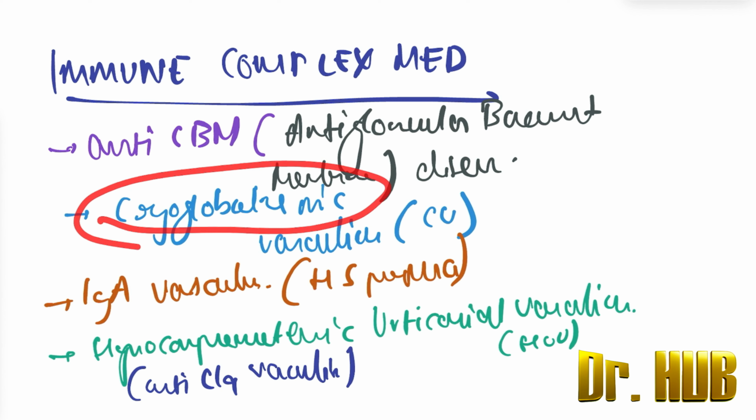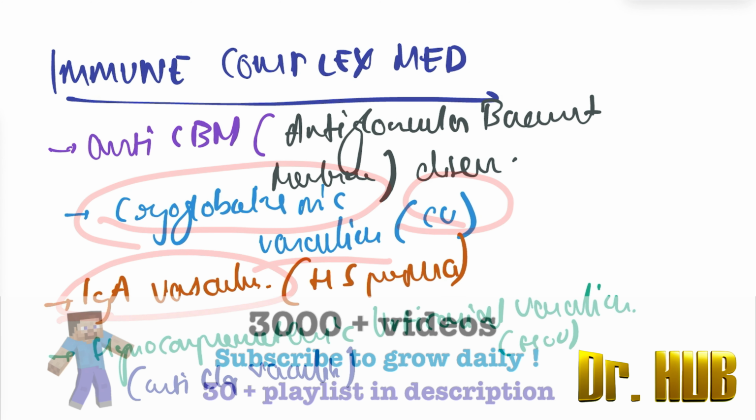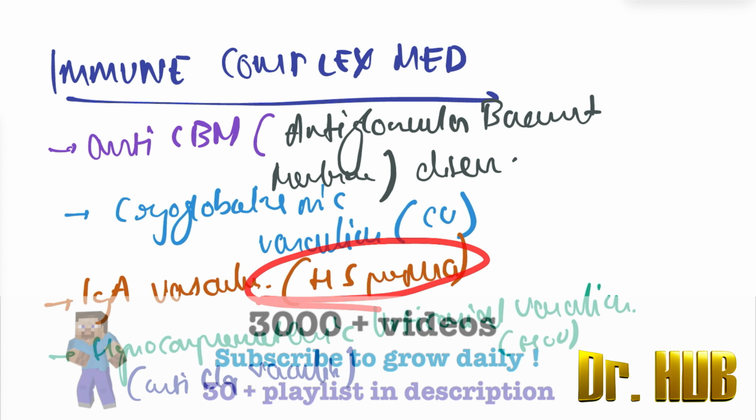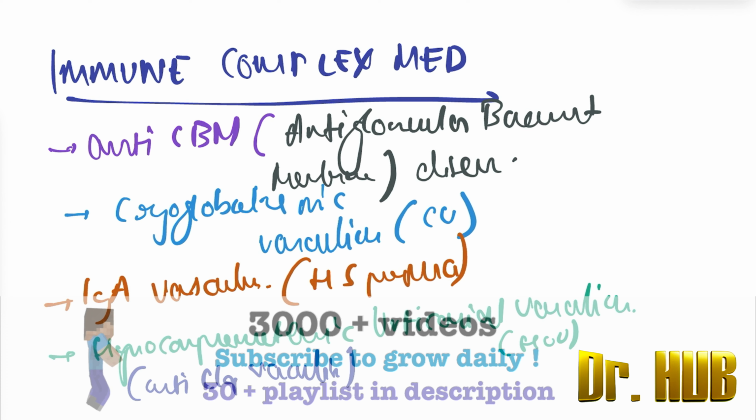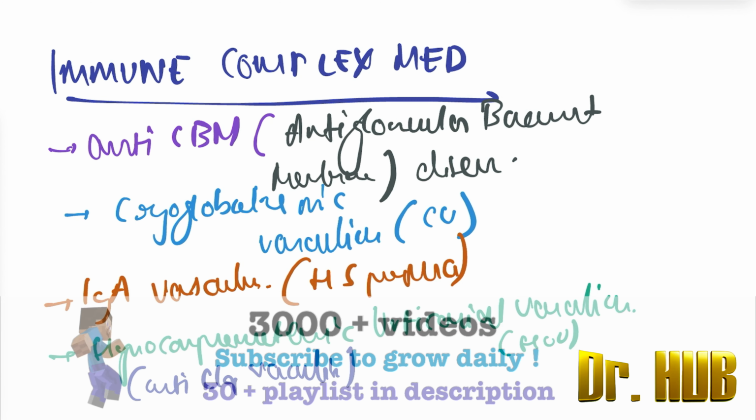Then there is cryoglobulinemic vasculitis, that is CV, and IgA vasculitis, that is HS purpura, that is Henoch-Schönlein purpura. Then comes HUV, that is hypocomplementemic urticarial vasculitis, and here it is the anti-C1q vasculitis.